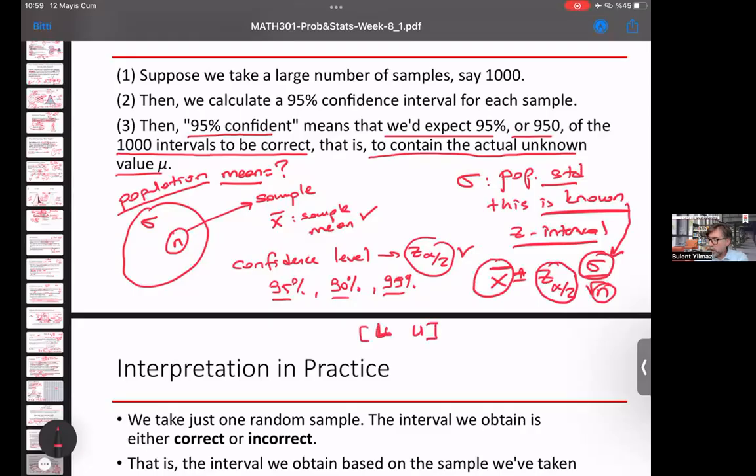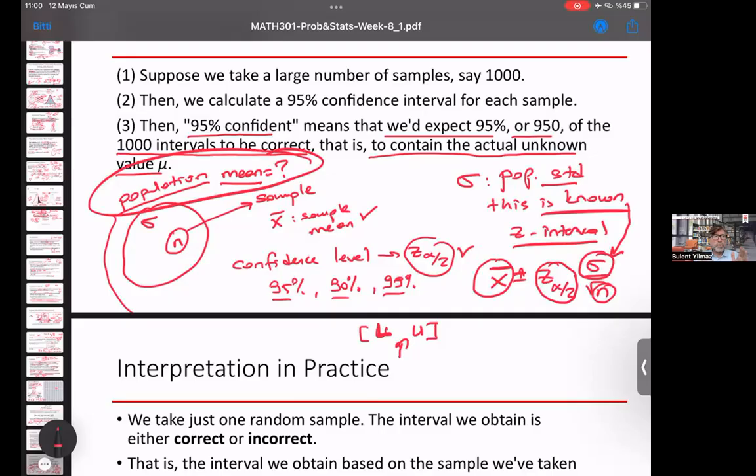And what does it mean? The population mean is going to be in this interval 95 times out of 100 times. That's why I cannot say that I found one sample mean and this is definitely where the mean is.